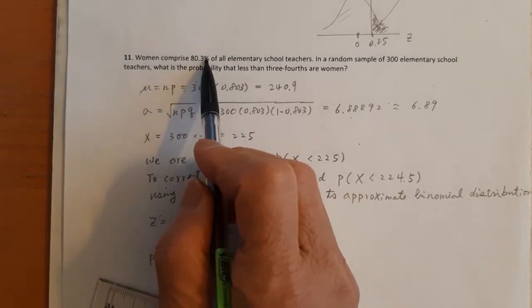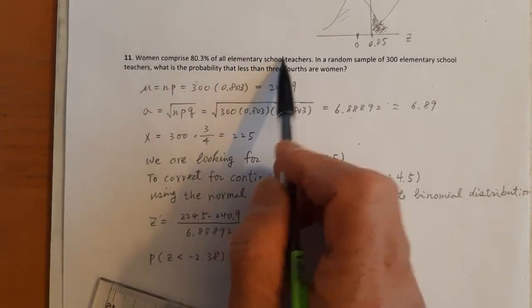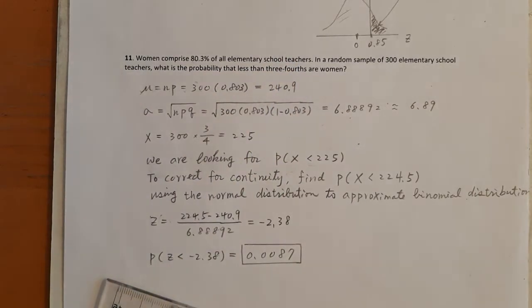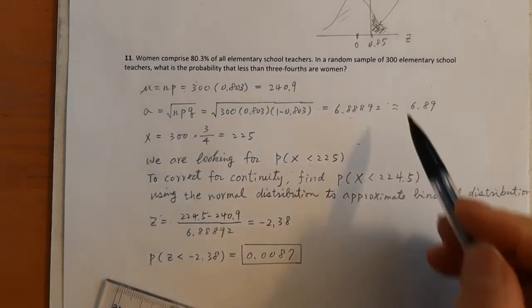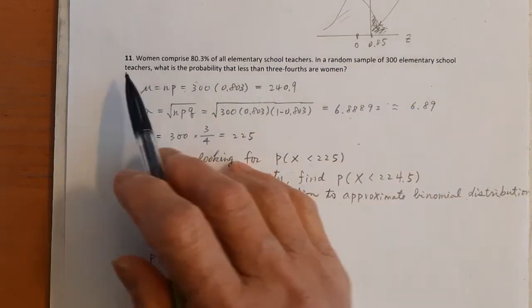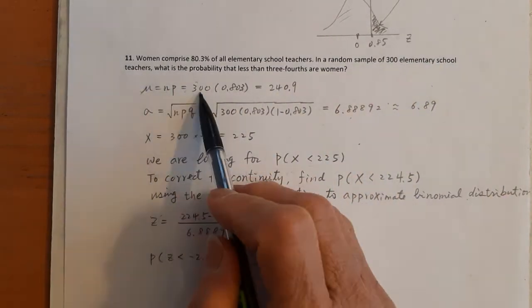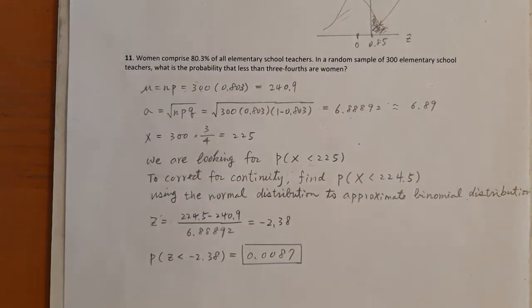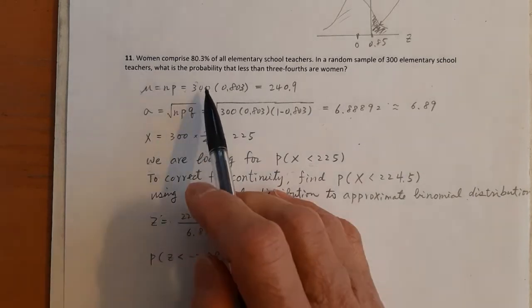That's the P of all elementary school teachers, so 80.3% are women. In a random sample of 300 elementary school teachers, N equals 300.